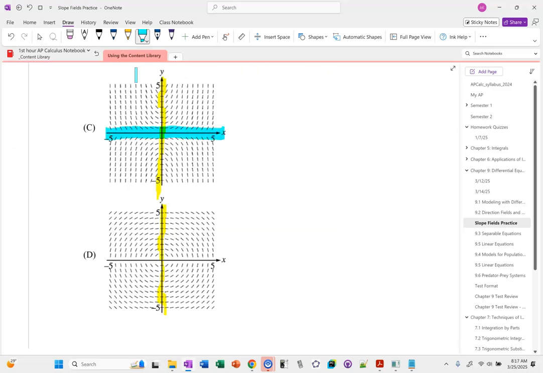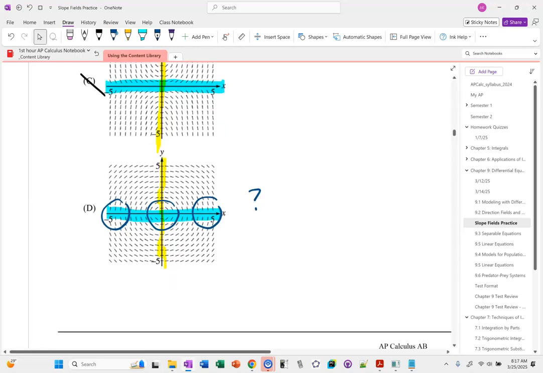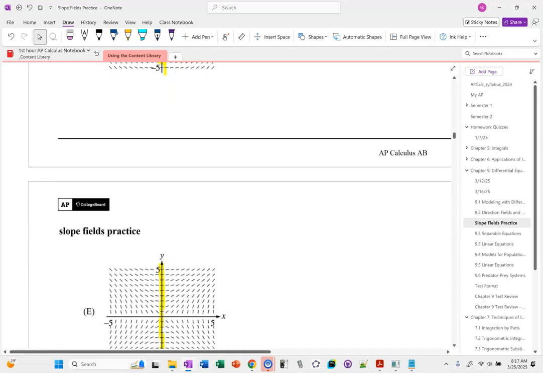Does it look like I have vertical at that spot? I agree. You're gone. But if I look here, it definitely looks vertical out here, but if I get to the middle, not so much. So this one I don't think is right, but I'm not completely convinced. Let's look at the next one.